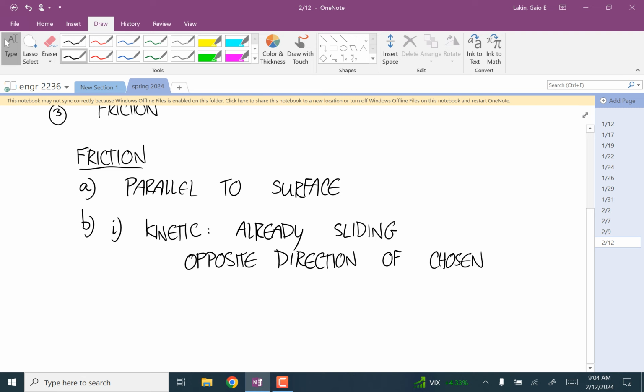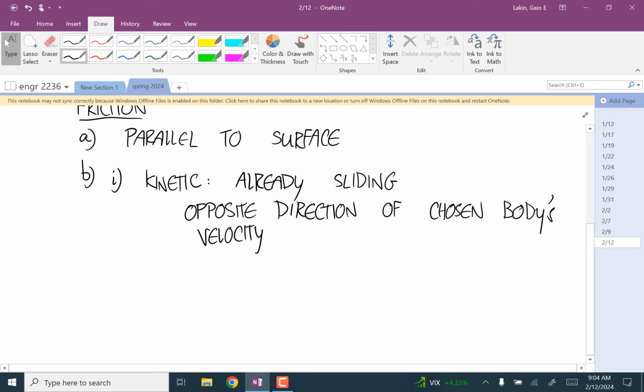And the magnitude of that force. So this is the first one of these where under certain conditions, we actually know the magnitude of that force too.